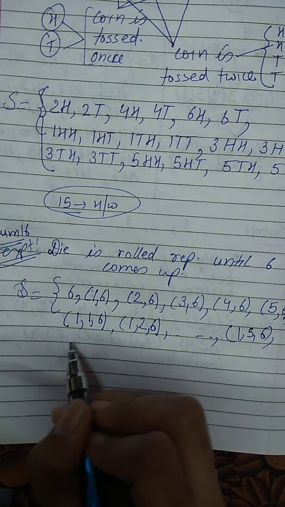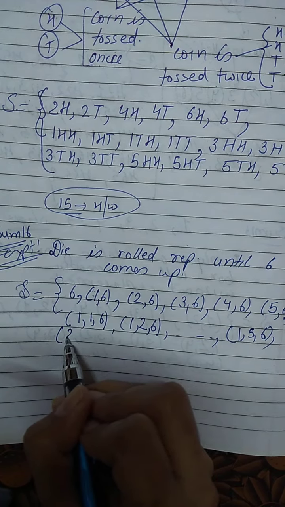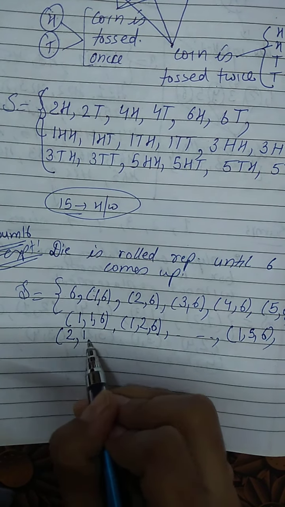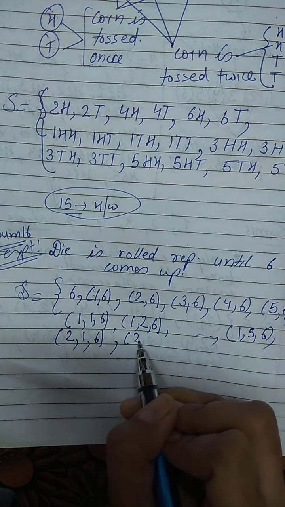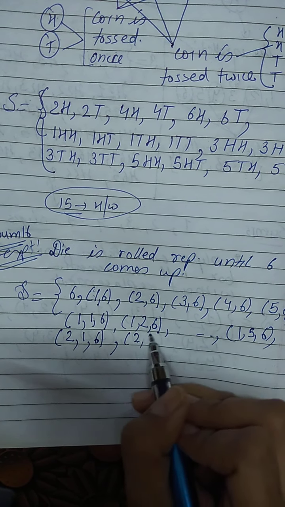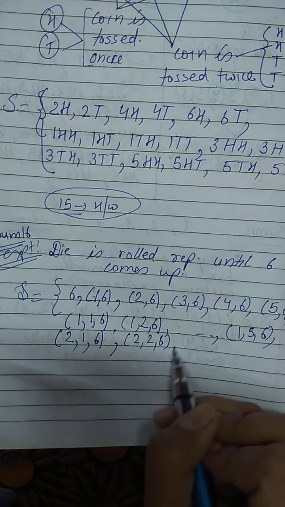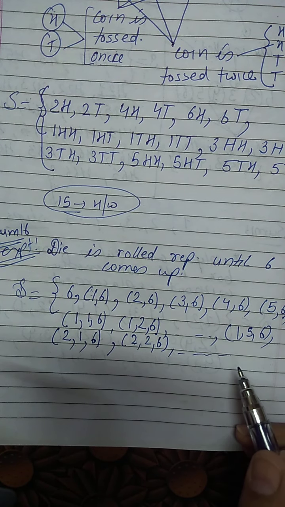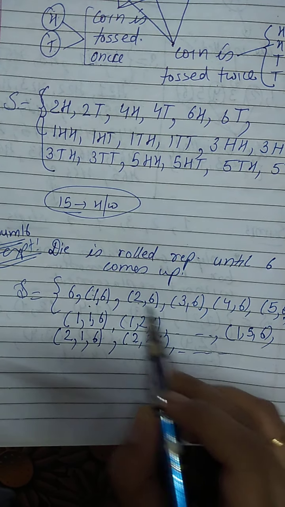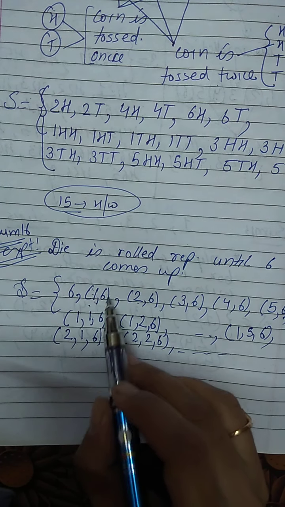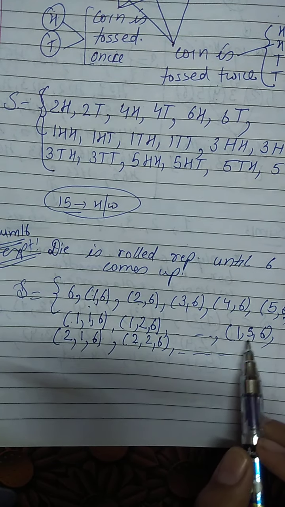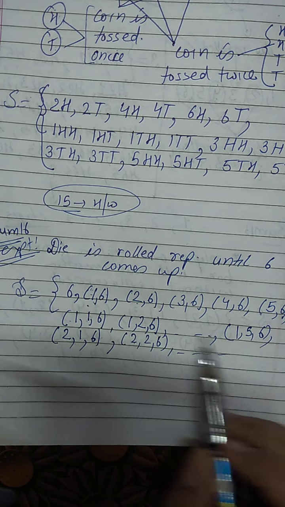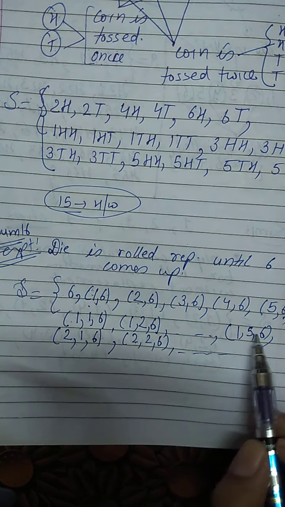We will be writing all these possibilities, where in the first two places we write all possible combinations of the other 5 numbers, and in the third place we fix 6.